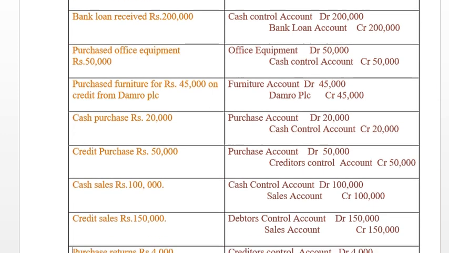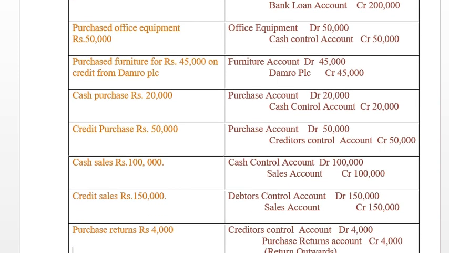Look at the next. Purchased furniture for rupees 45,000 on credit from Damro PLC. Here, furniture also comes under non-current assets. So if it is an asset increase, it should be debited. Furniture account debit 45,000. In the earlier one, we credited the cash control account.